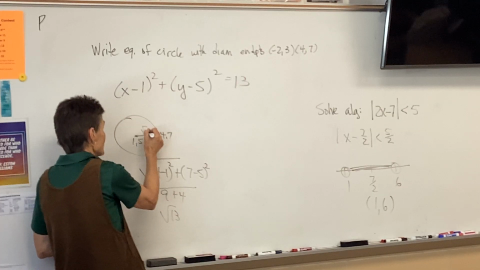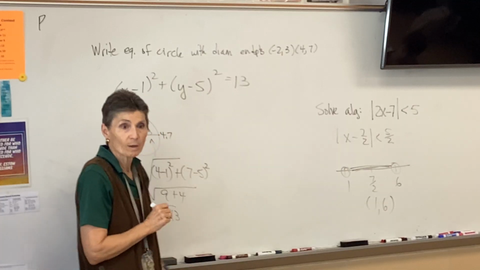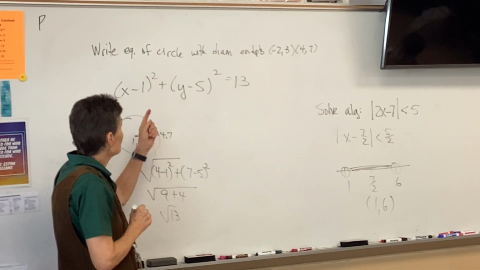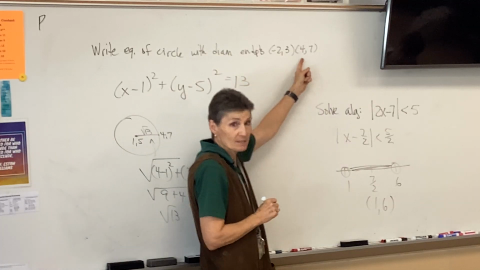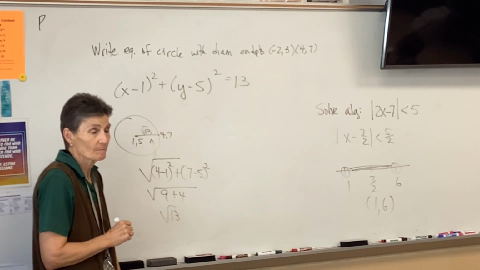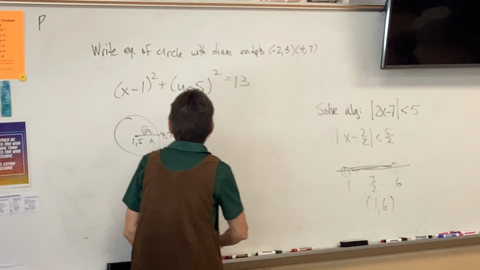So the radius is root 13. And when I write my answer, then I square it. If you found the distance between these two, that would not be a radius. You'd have to divide it by 2. Okay? All right. One more.